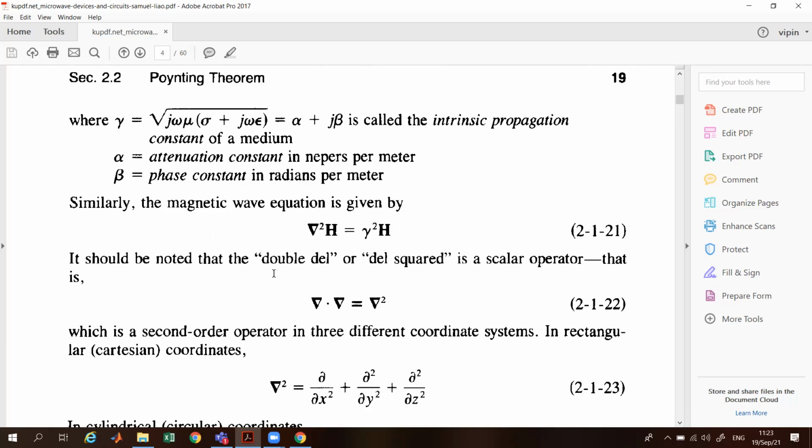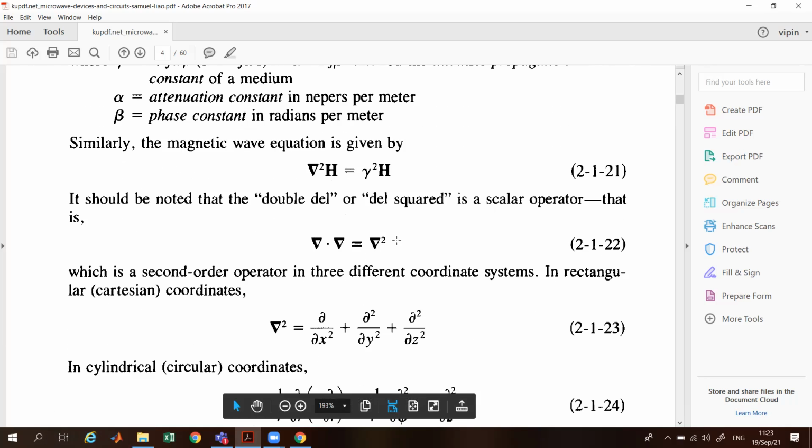It should also be noted that del square is a scalar operator. You must remember that when we take the dot product of any two vectors, the answer is always a scalar quantity. So in a similar way, we can say that del dot del will be equal to the square of that del, and it is a scalar quantity.